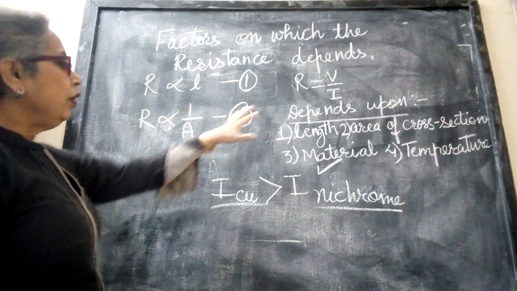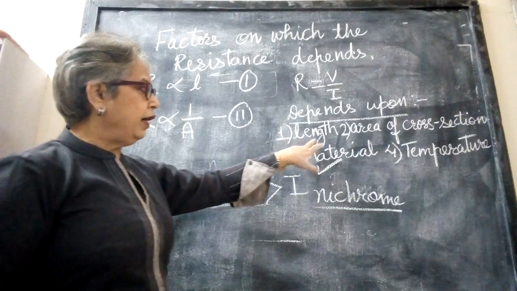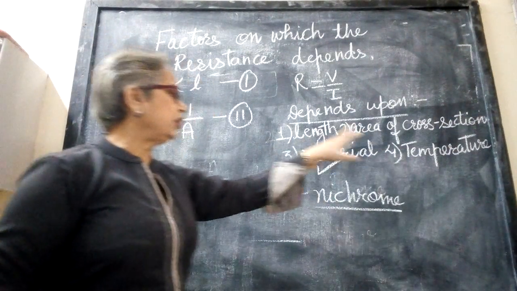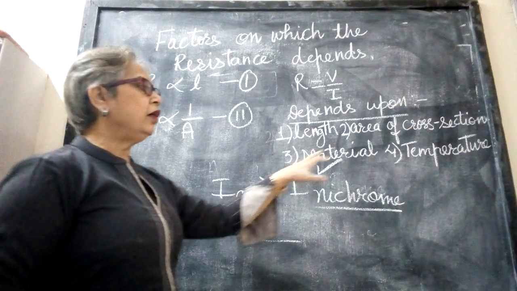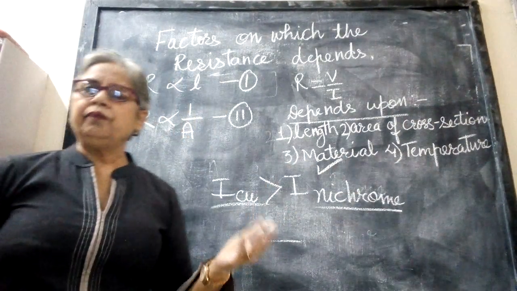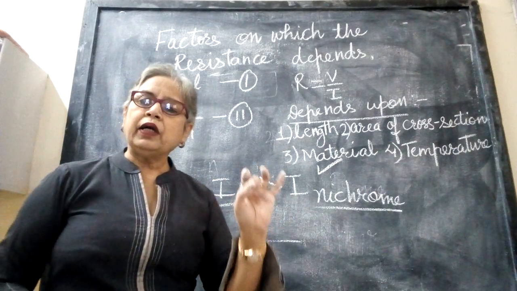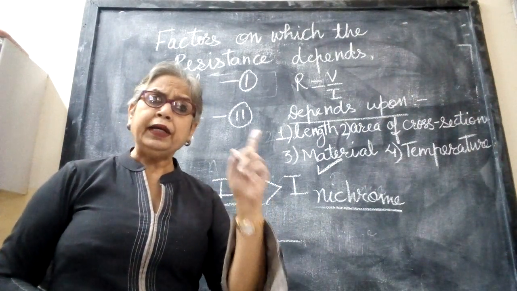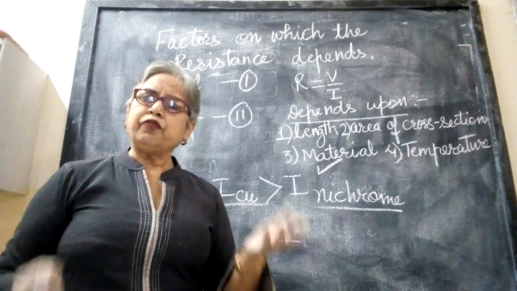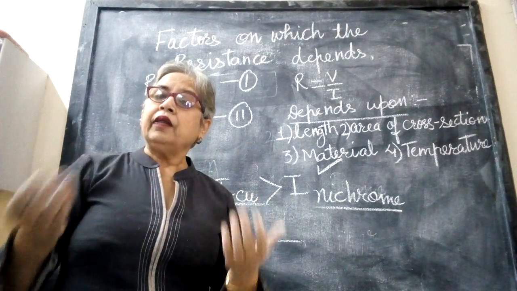Okay. So number 1, resistance of a resistor depends upon length. Number 2, area of cross section. Number 3, material. Number 4, temperature. Now for temperature, what we have to do is keep the key plugged. You take one reading, wait for some time, keep the key plugged, and take the other reading.